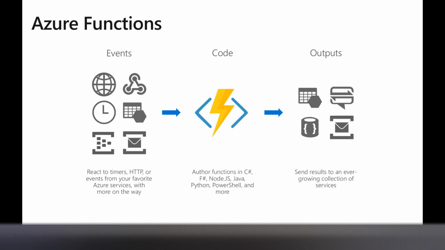First of all, let's be very clear. When we are talking about Functions, we are talking about the Azure Functions service. It has three parts to it. One is the events or triggers, which invoke the function. That can be HTTP, you may be calling the function over HTTP.